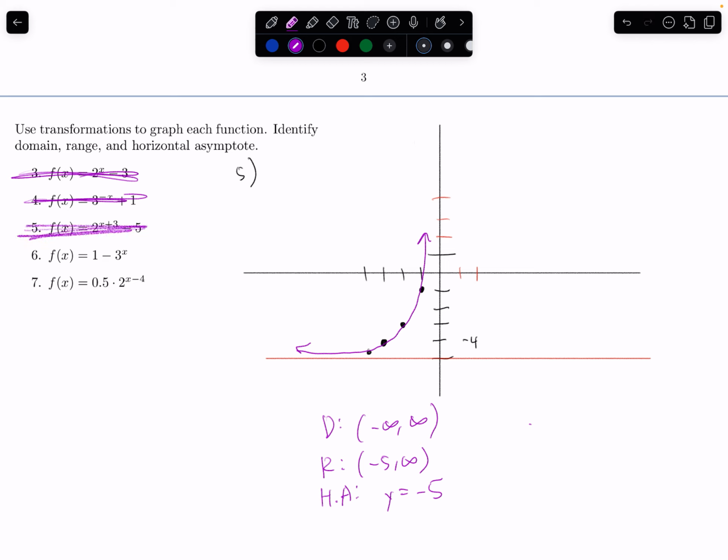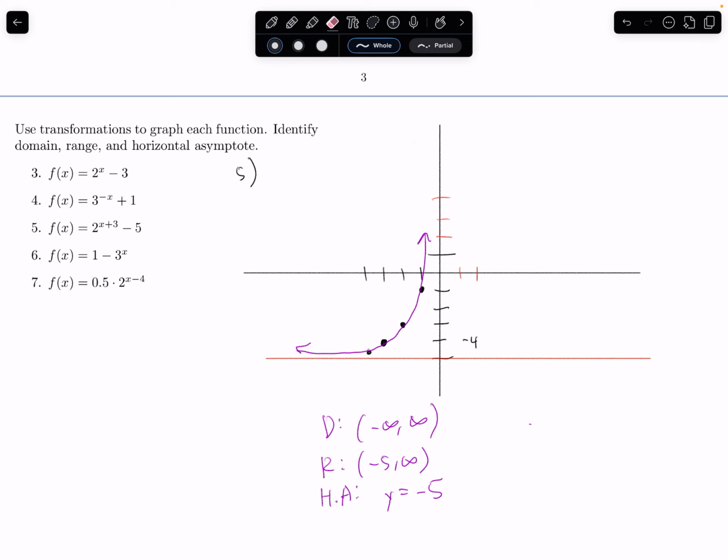At this point, hopefully you've seen the pattern. Let me show it to you. So -3, if you remember, was the original horizontal asymptote for number 3. +1 was the horizontal asymptote, and for the question we did just now, -5, right? So the horizontal asymptote is given away by whatever that d value is. You just set y equal to that, and boom, that's where it ends up.